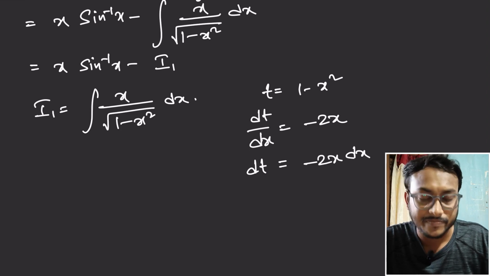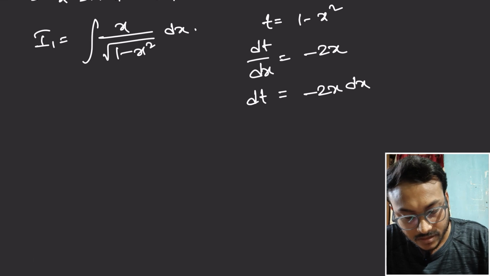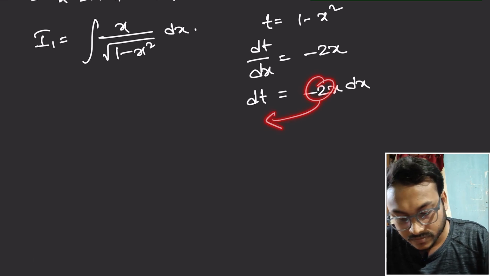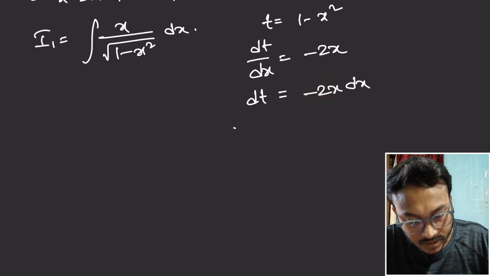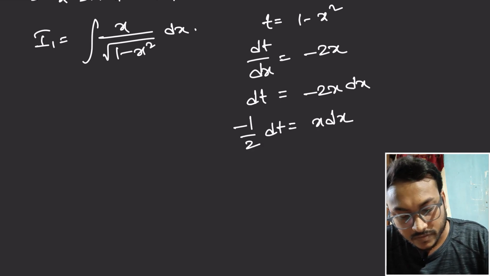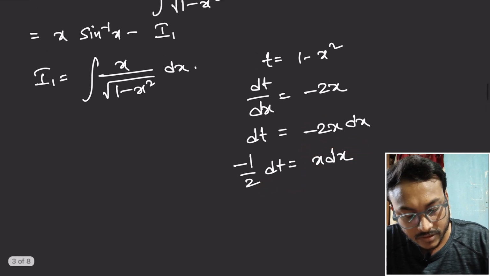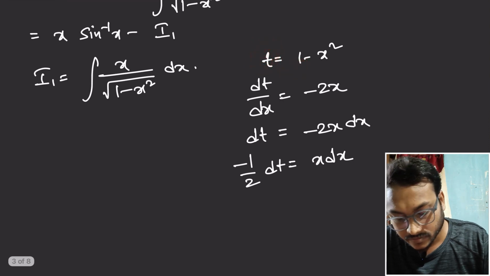Now what we can do is we can take this minus 2 here. So it will become minus 1 by 2 dt equal to x dx. So we will replace x dx by this and we will put t in place of root over 1 minus x square.